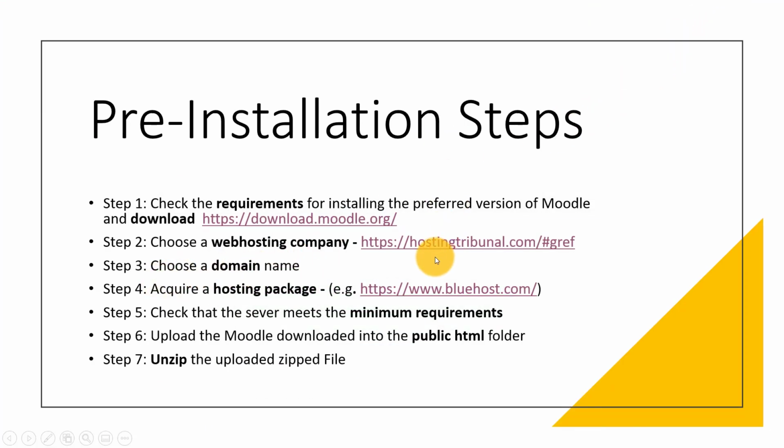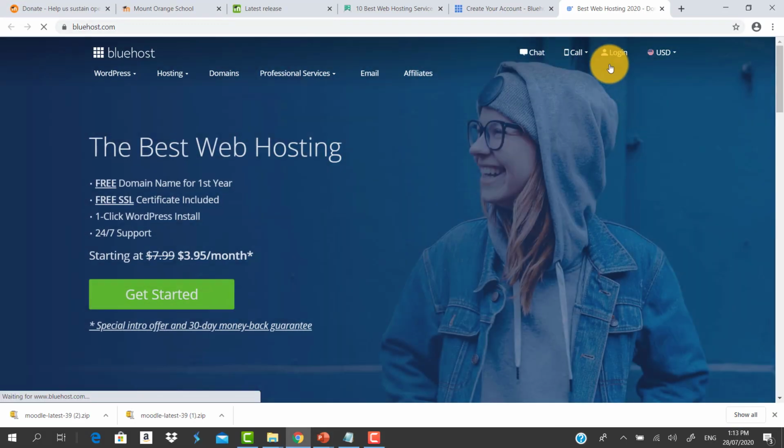After acquiring the hosting package, the next step is to go online and check that this hosting package we have acquired meets the minimum requirements to host Moodle. How do we do that? We just go back online, and then we log in.